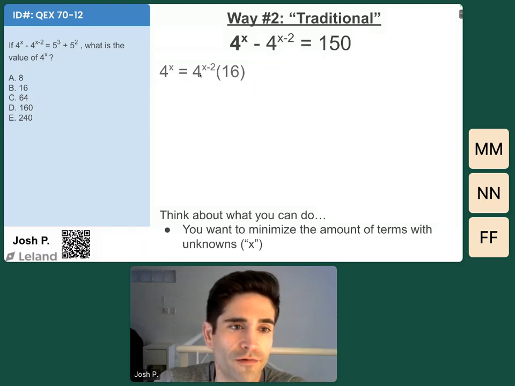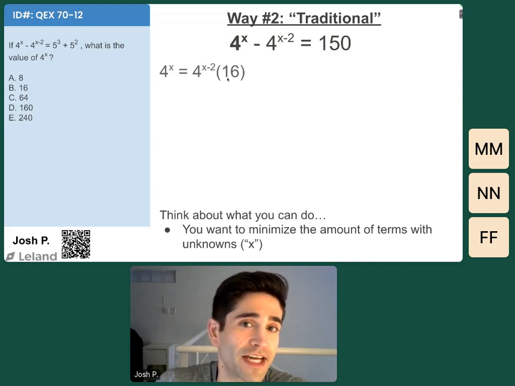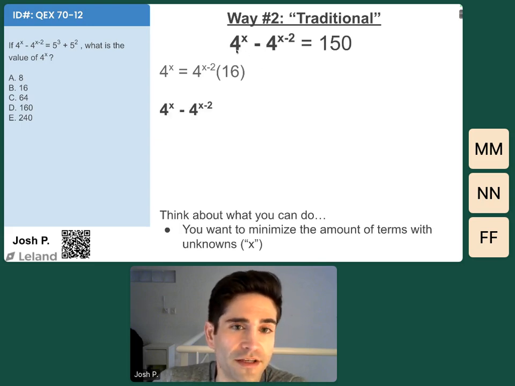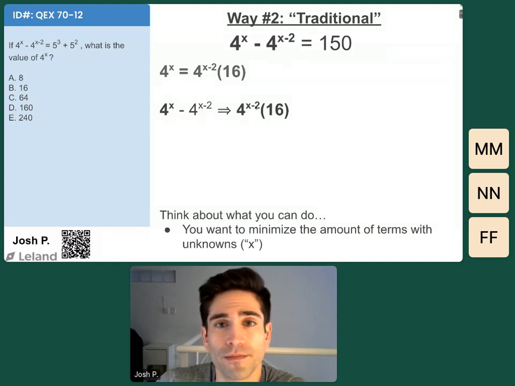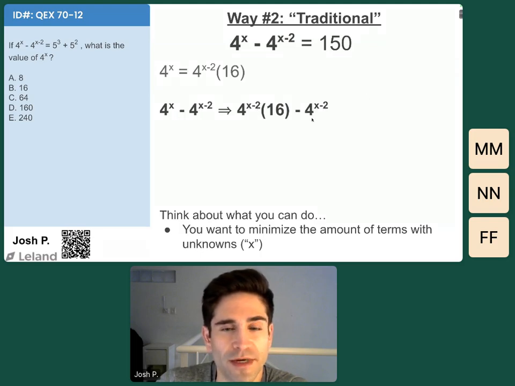And therefore, 4^x is equivalent to 4^(x-2) times 16. Now let's look at this term, 4^x minus 4^(x-2). So we know the value of 4^x in terms of 4^(x-2). Essentially, 4^x is 4^(x-2) times 16. And of course, we have minus 4^(x-2).